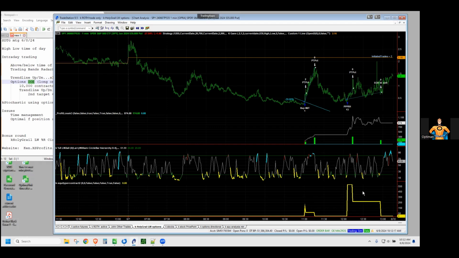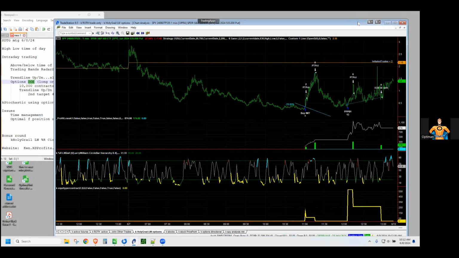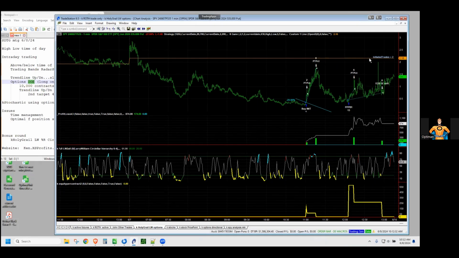Some people wait years to get that kind of return. This was about 15 minutes that I can do. So anyway, I'm seeing these really phenomenal profits in a very short amount of time.